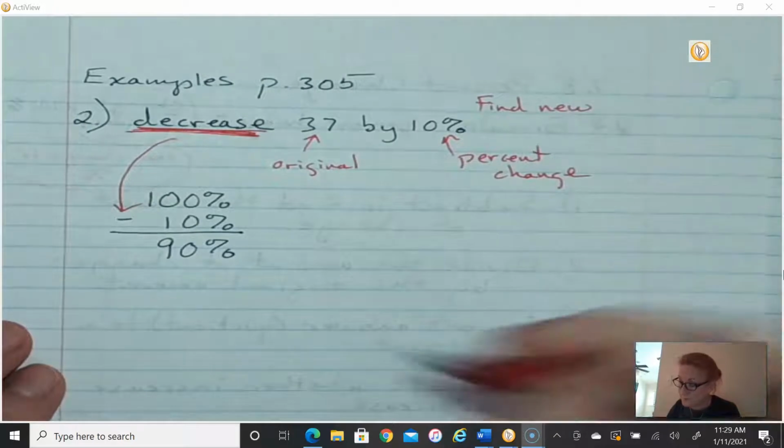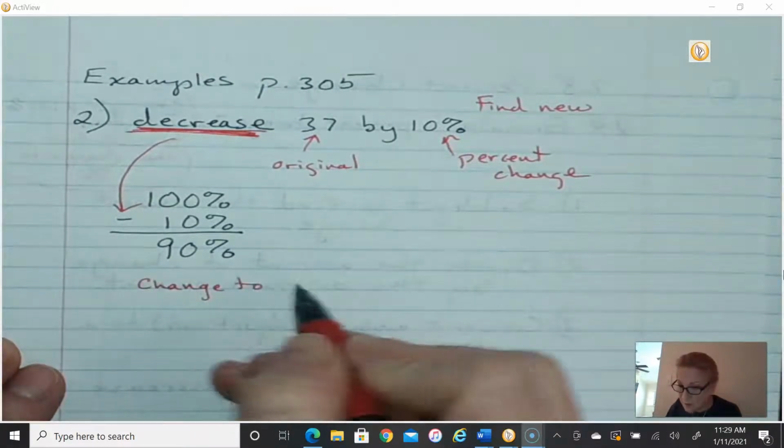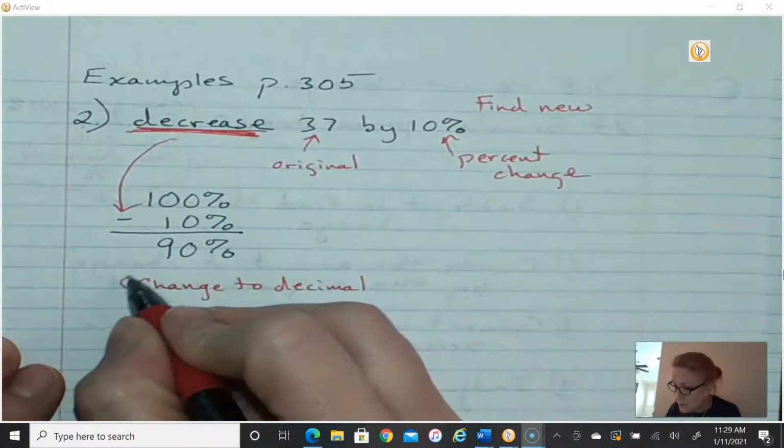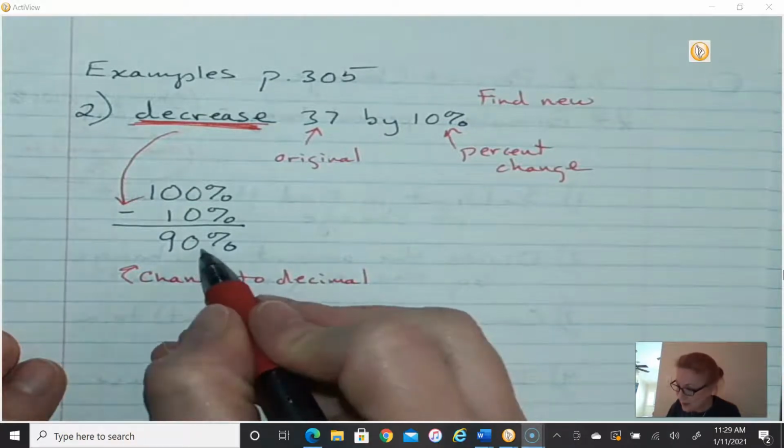Now, change to decimal. How do you do that? Move the decimal how many places in which direction? That's right.